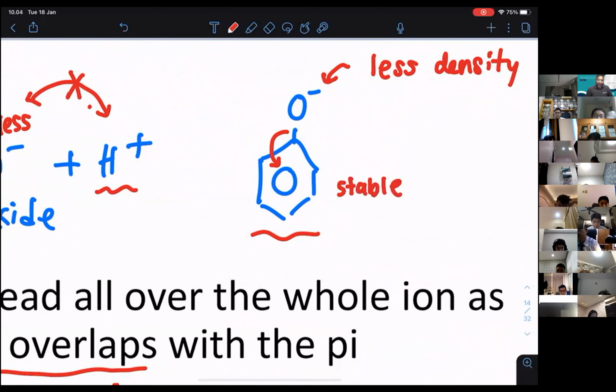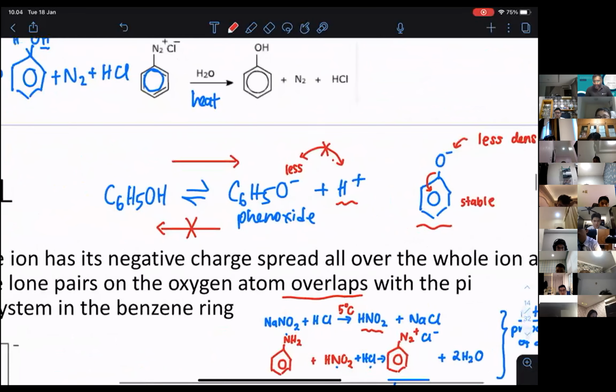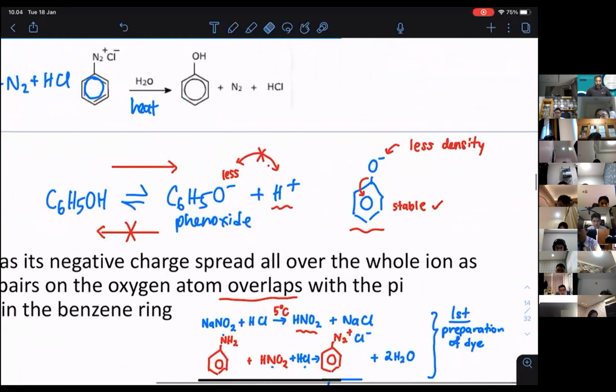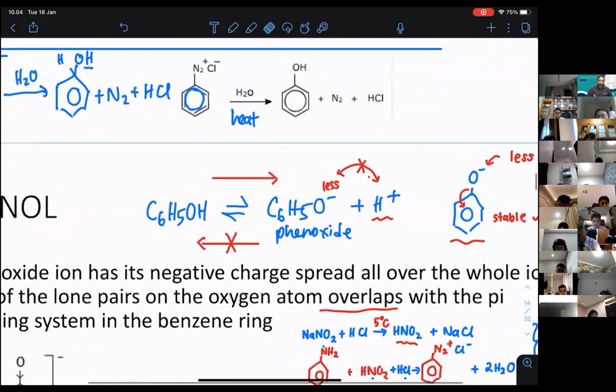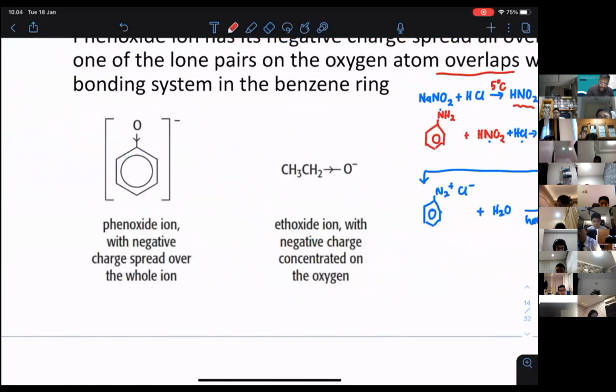If you look at the equation, they always like to form something that is stable. If you compare the phenoxide ion with normal phenol OH, the phenoxide ion is going to be more stable. This is another important thing: phenoxide ion is more stable compared to phenol.